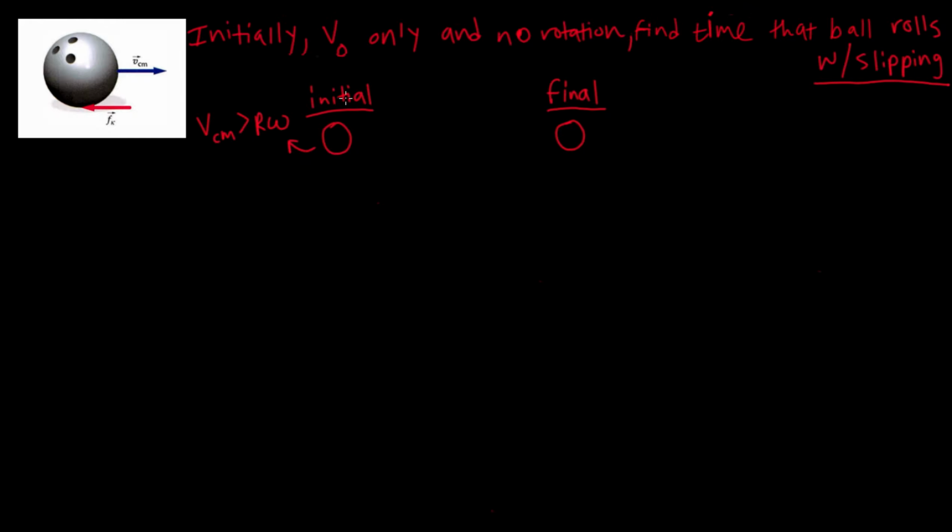We just found that out when we analyzed the non-slip condition. And so over here the object is rolling with slipping, but over here the object is rolling without slipping.